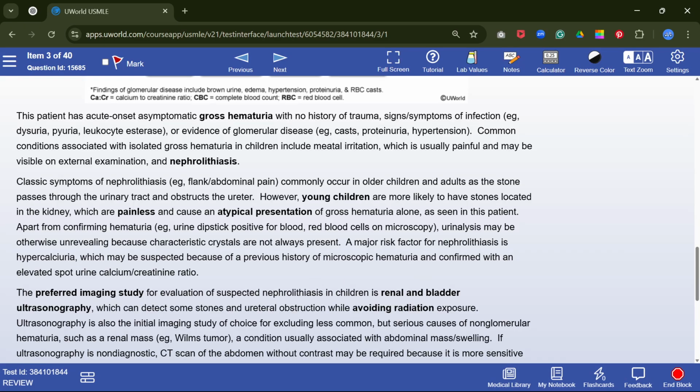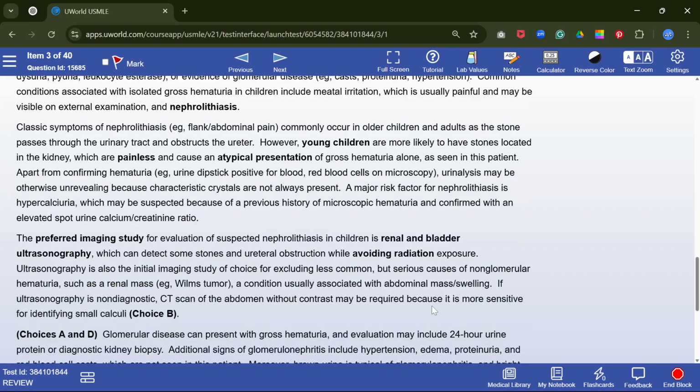A major risk factor for nephrolithiasis is hypercalciuria, which may be suspected because of a previous history of microscopic hematuria and is confirmed by an elevated spot urine calcium creatinine ratio. The preferred imaging is renal and bladder ultrasonography, which can detect some stones and ureteral obstruction while avoiding radiation exposure.